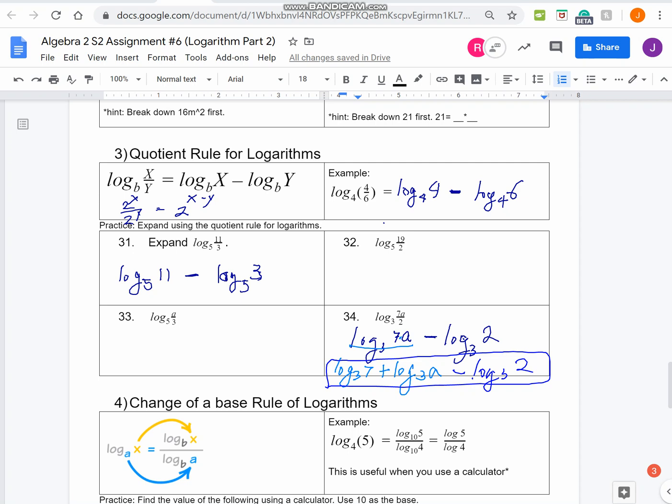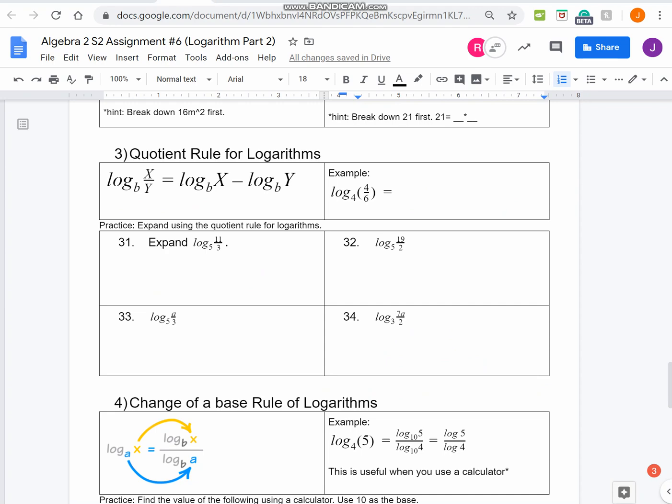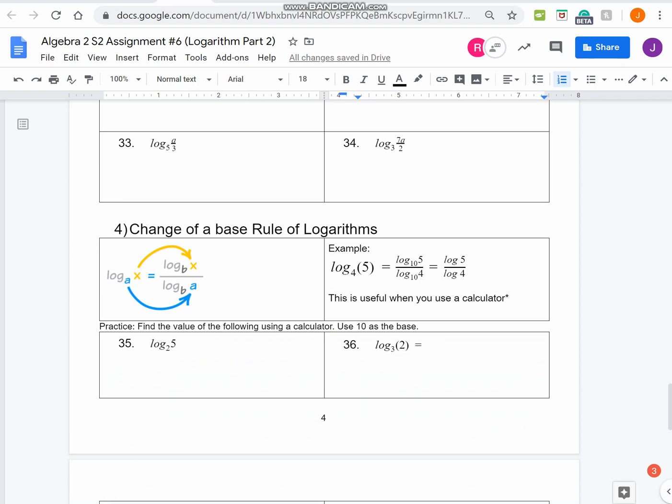Okay, so let's go over number 4, the change of base rule. That actually is going to be important in terms of using a calculator. So let me erase this part and let's move on. When you look at the change of base rule, this might be confusing, but let's take a look.